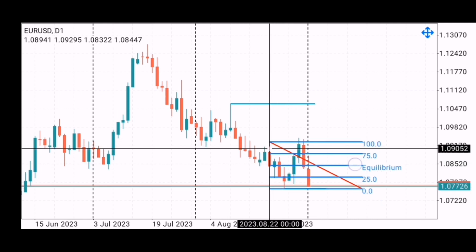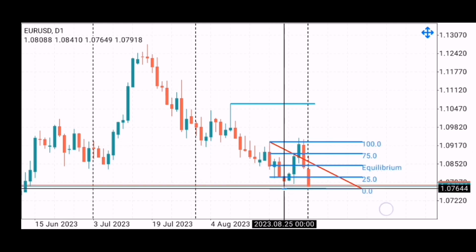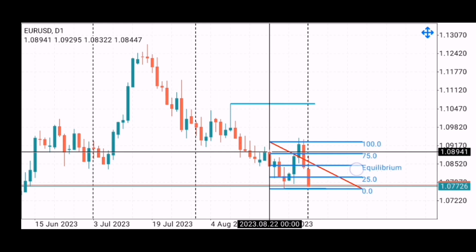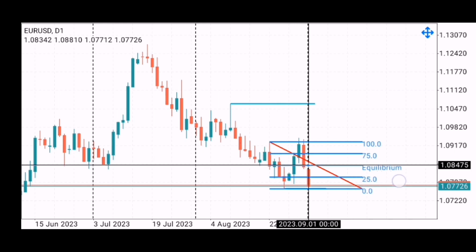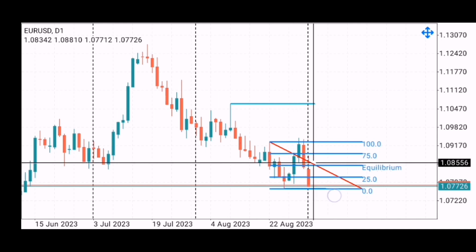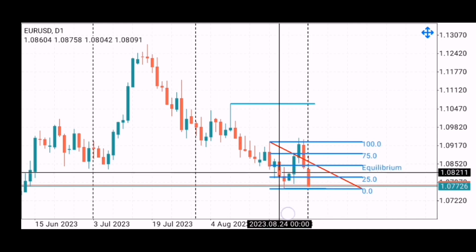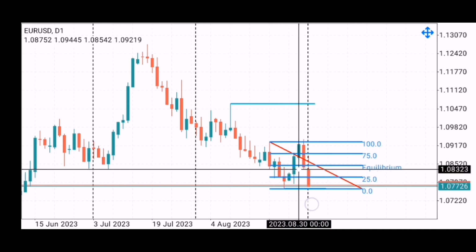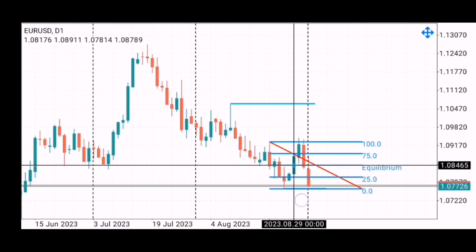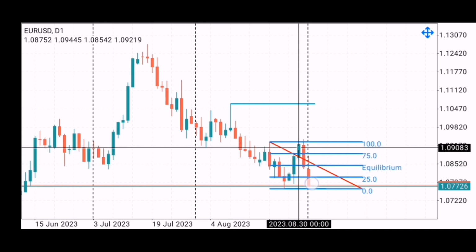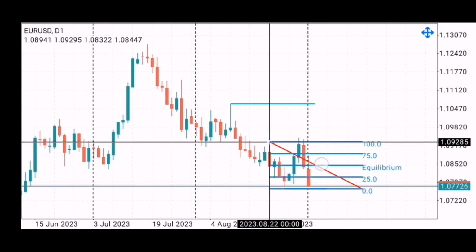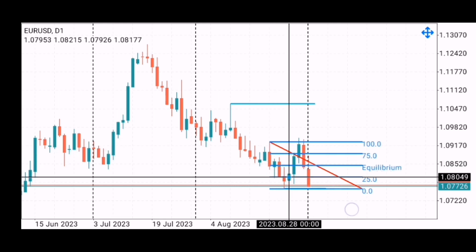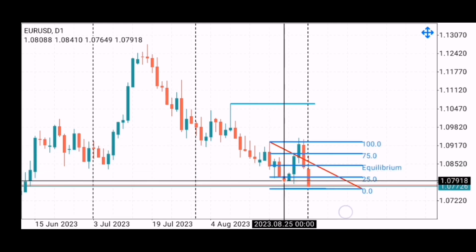As far as this range is concerned, we are at discount when price is below this level of 50% over here, the middle equilibrium. When price is below it, we are at discount, and when price is above equilibrium, we are at premium.